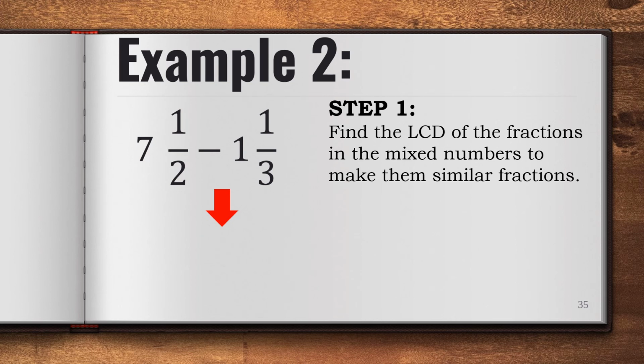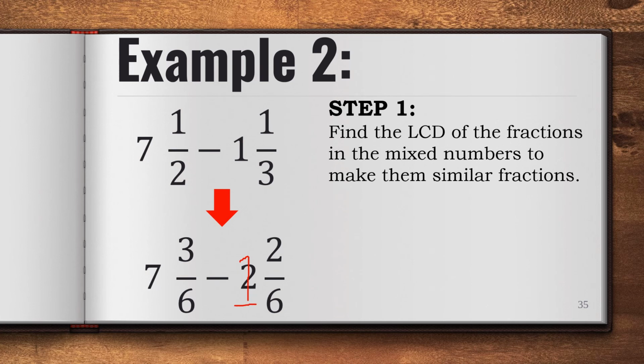And following the process that we have a while back, we will be obtaining the following. 7 and 1/2 will become 7 and 3/6. 1 and 1/3 will become 1 and 2/6.